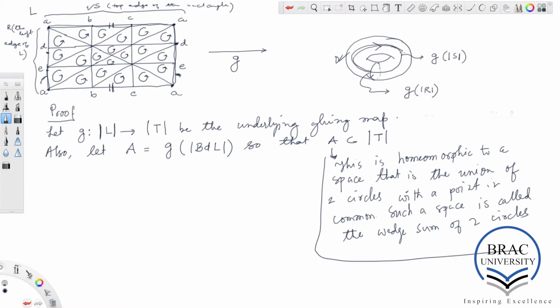In the figure, this is one of the circles, and this is the other circle. Okay. All right.